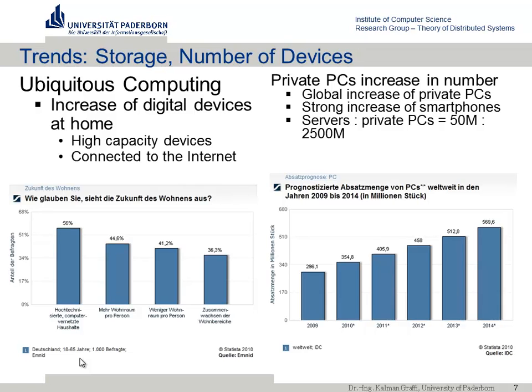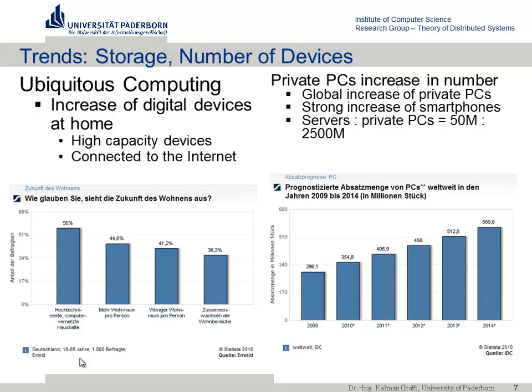We will have a home of digital devices, and our fridge will have a computer inside. And this is the number of private PCs from 2009 to 2014 as prognosticated: there will always be more private PCs, which are also getting more powerful.